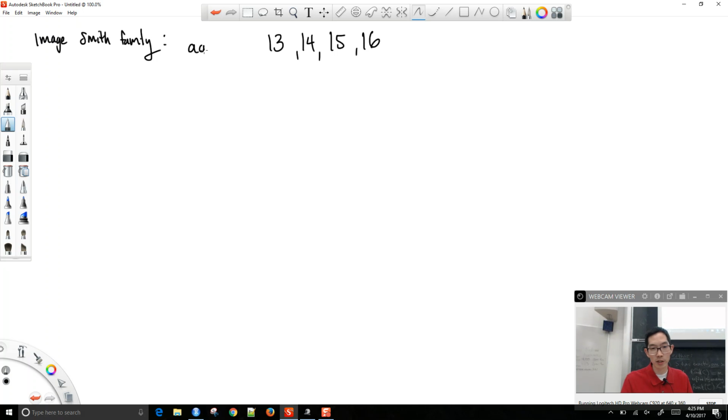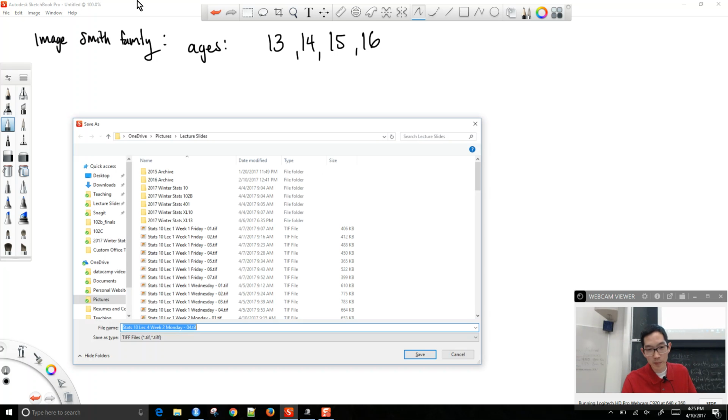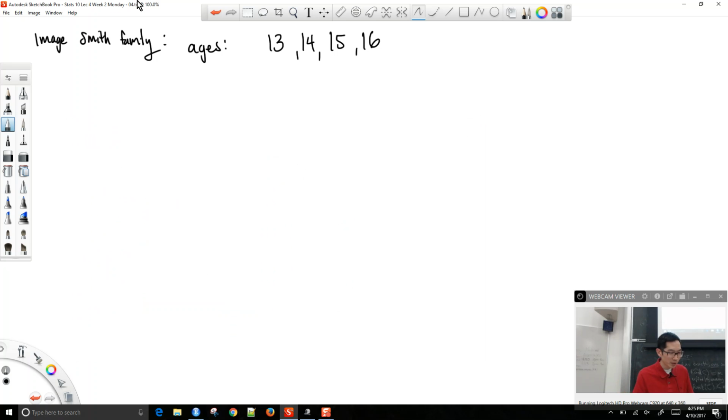The 3 older kids all grew up in school together, BFFs. The youngest over here was just picked on by the other 6. Well, anyway. So we have the Smith family, and in this case, I make a dot plot.